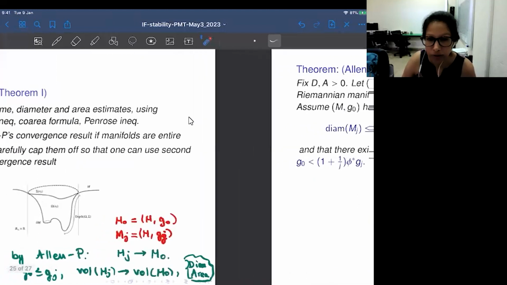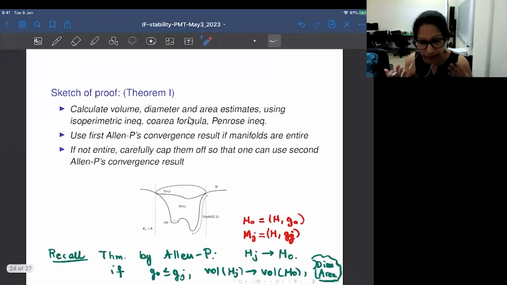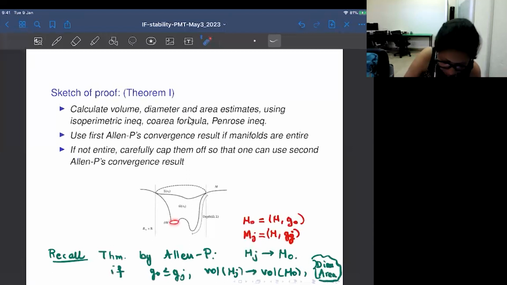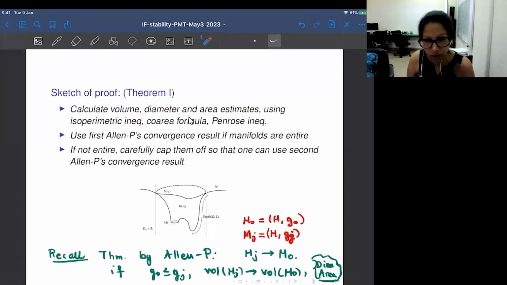But let me go back to the proof. If the manifolds are entire, so the boundary of U is empty, then one can calculate volume, diameter, and area estimates using isoperimetric inequalities, the co-area formula, and the Penrose inequality.